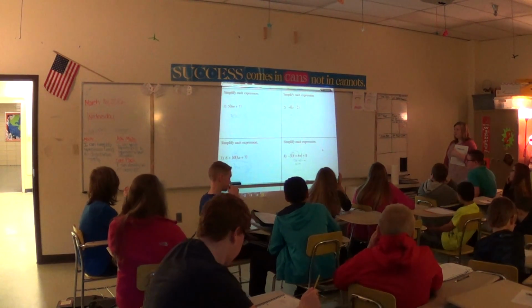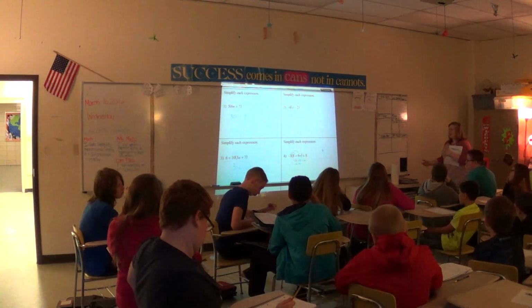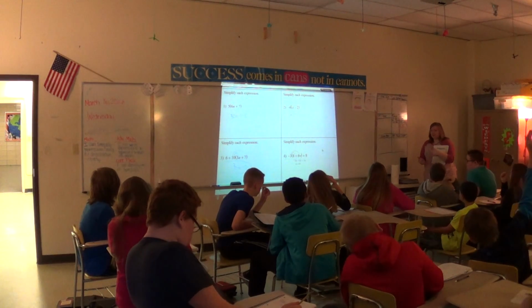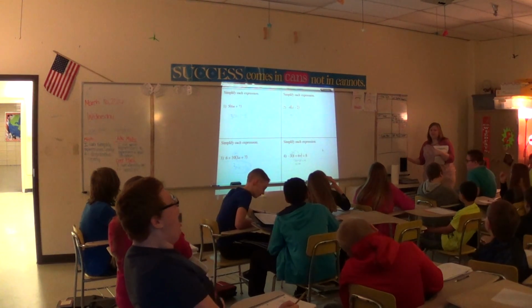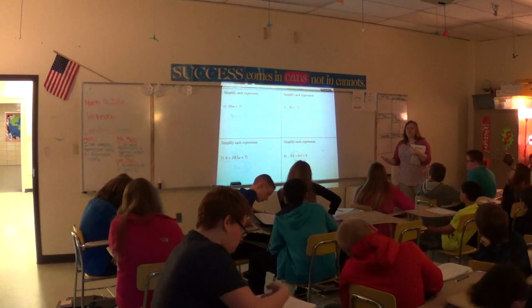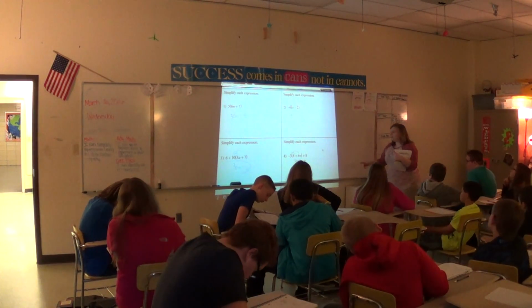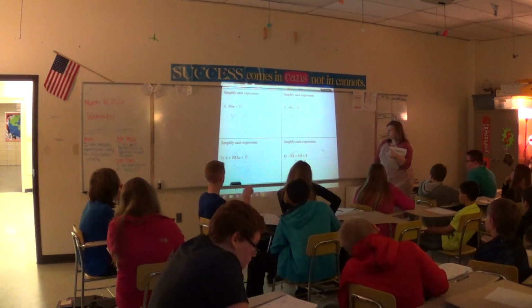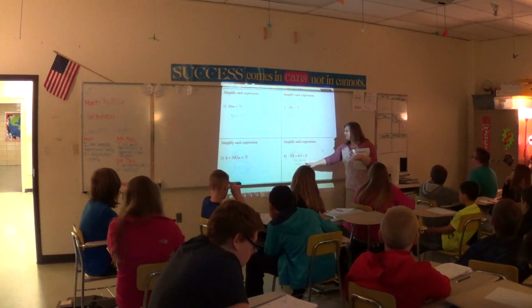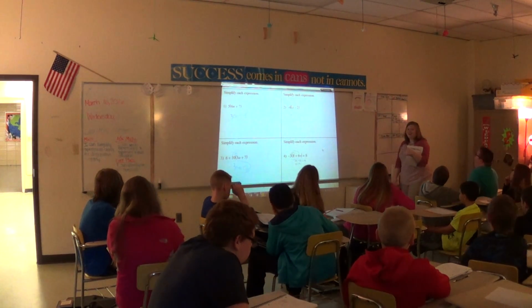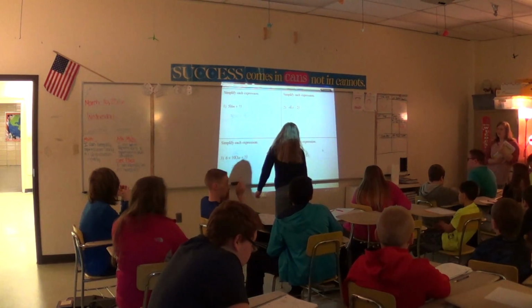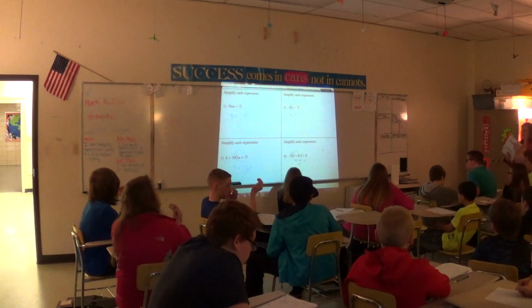We're going to combine them. What happens if I have a negative 24 and I'm adding 8 good ones? I have to subtract, and then how do I know what the sign's going to be? The higher what? Absolute value. So what's 24 minus 8? 16. Which one of those had a higher absolute value? 24, and it is negative, so it's going to be a negative 16. Can we fix it for us? And then it should be minus 18b.